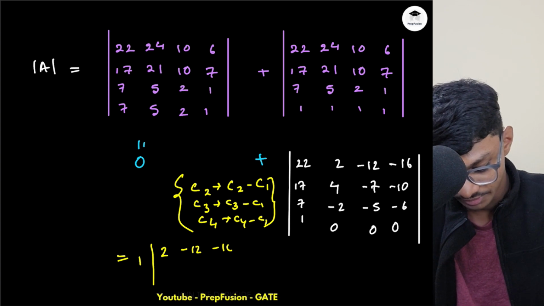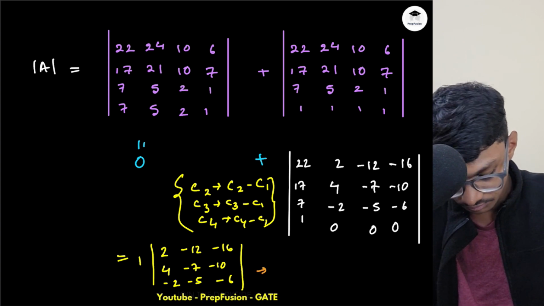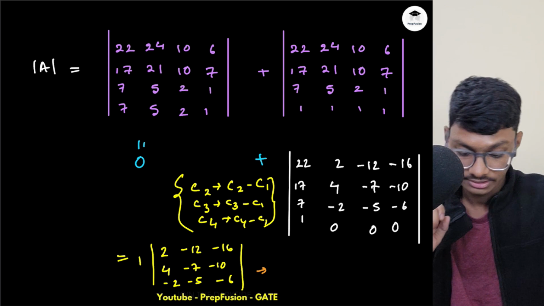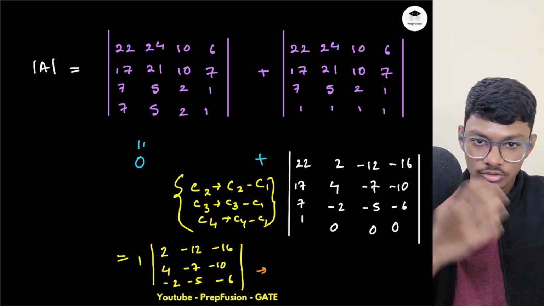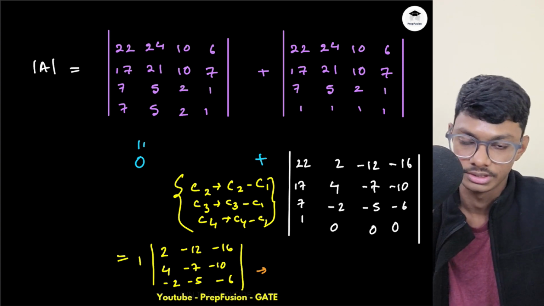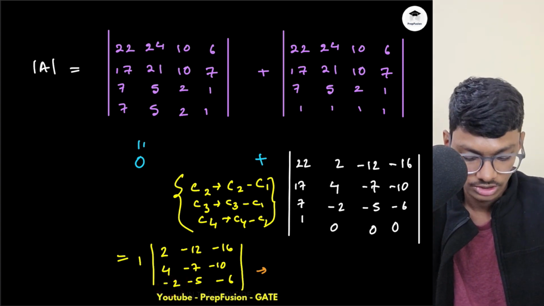Now what do you observe here? Do you observe any pattern over here? If you observe, that's great. If you don't, then you have to solve it. So minus 2, minus 5, and minus 6. After solving many determinants, this will automatically come into your brain. Intuition will automatically kick in. So basically what you observe is, you try to make this minus 2. So how do you make this minus 2?